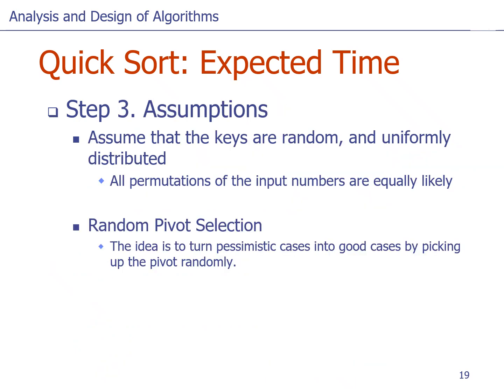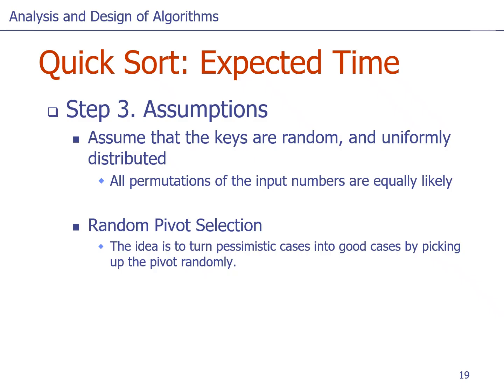So what are my assumptions here? I will assume that the keys that have been inserted into the array, the values I am sorting, do not have bias in them. The chance of getting any value is the same as the chance of getting any other value.